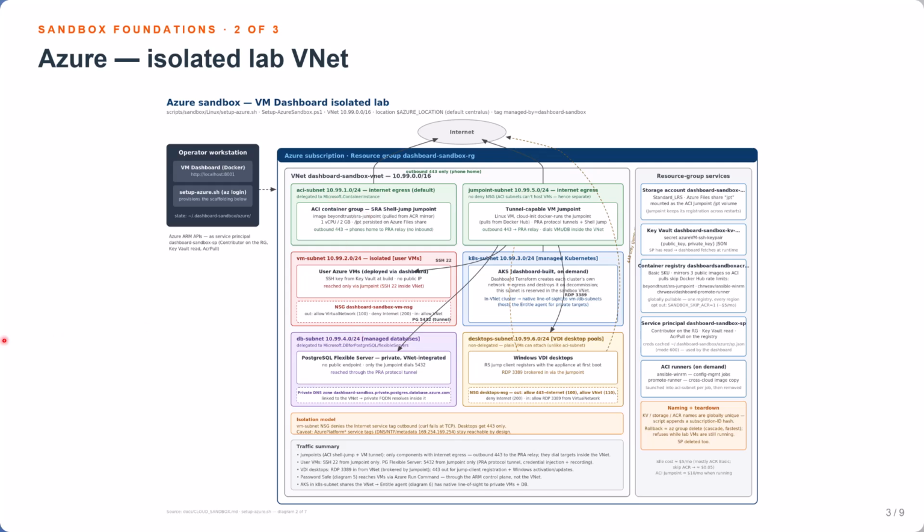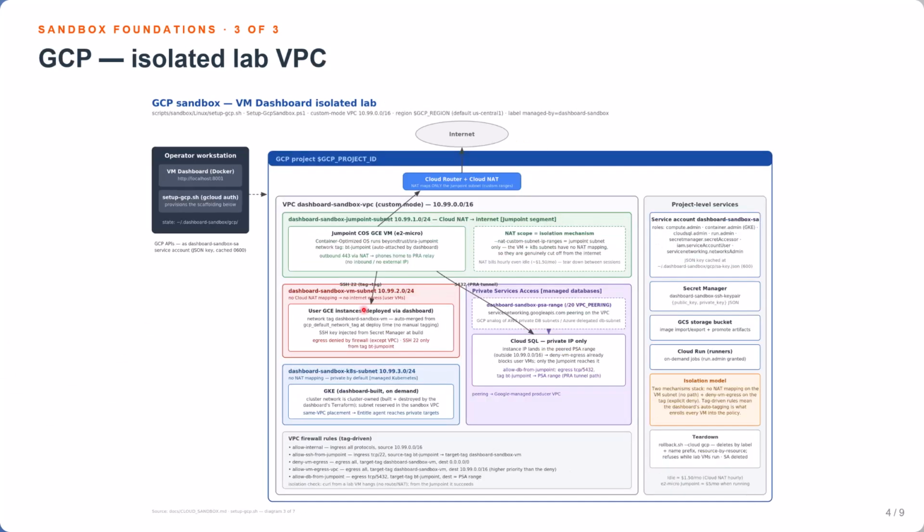Awesome. Last one, but not least, Google. Similar kind of idea. We have the public-facing network that hits this cloud router and cloud NAT. We can see the traffic here, so the gateways can reach the sandbox VMs. We have tunneling capable to the Cloud SQL environment.